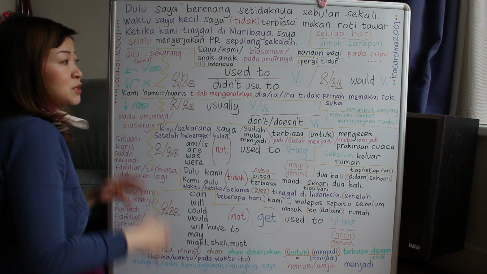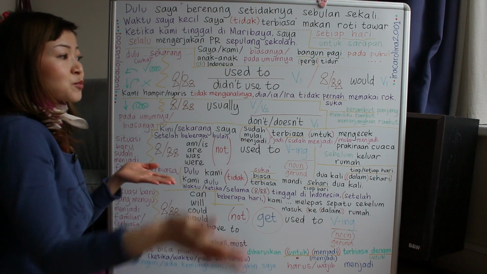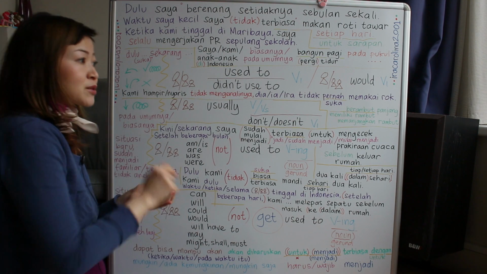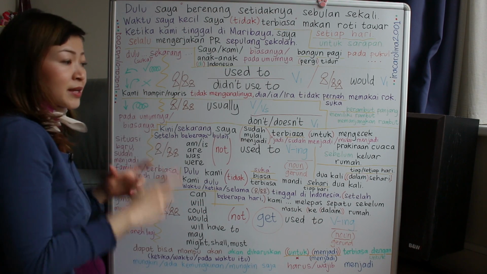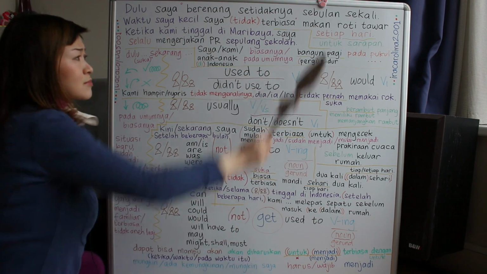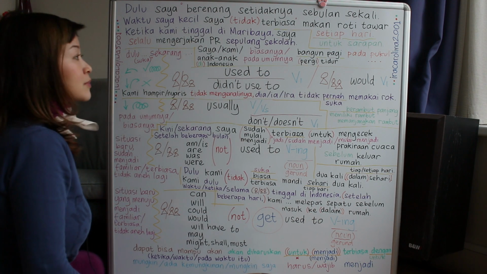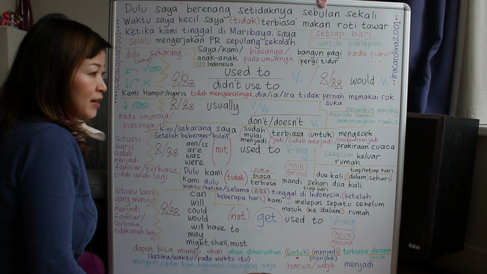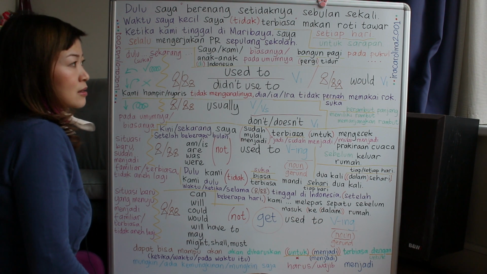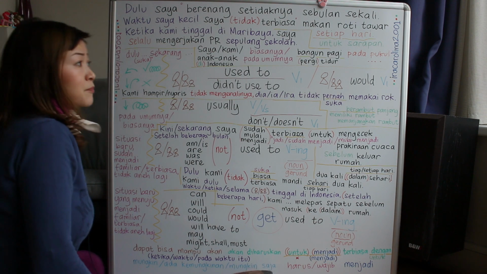But if you want to be specific, the slice of bread that you put jam or peanut butter on, the name is roti tawar. Roti is bread, tawar is plain, no taste.